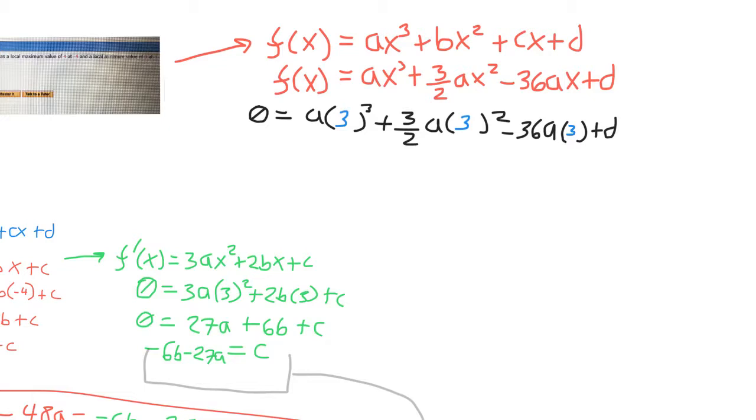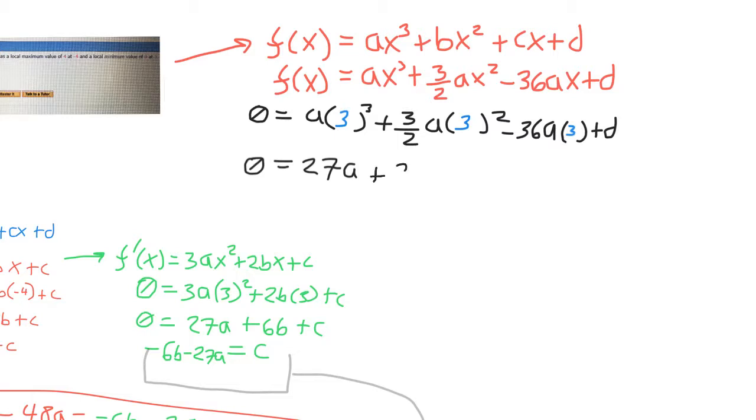So this becomes, as a result, 9a. Actually 27a right there, right? Because that's cubed. 27a. This is a 9, and we'd end up with, unfortunately, 27 over 2a over here.